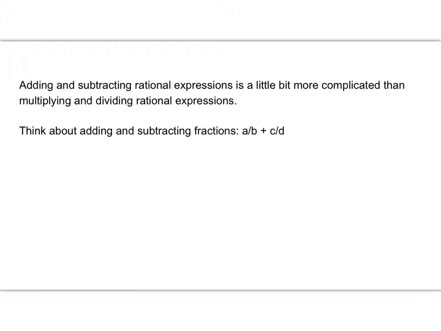Here goes. Adding and subtracting rational expressions is a little bit more complicated than multiplying and dividing rational expressions, and that's because if you think about it, adding and subtracting fractions, if I had a divided by b plus c divided by d, I have to have a common denominator and I don't.